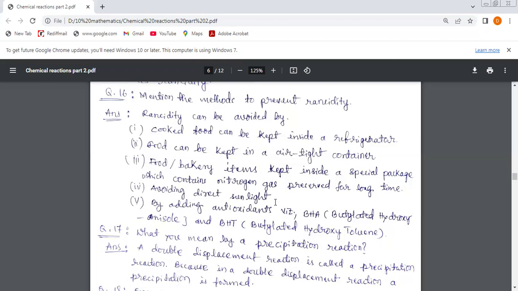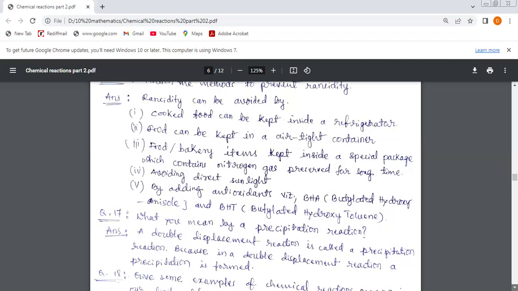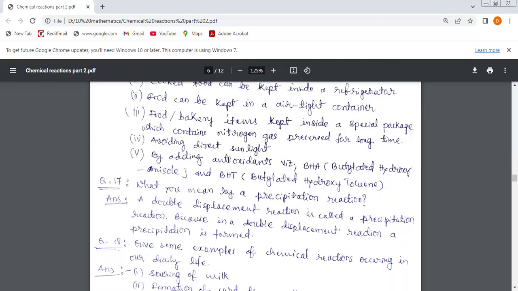Avoid direct sunlight. Whenever you keep the food directly in the exposure of sunlight, the rancidity is more. The things get converted into some other form. Another method is adding antioxidants, usually BHA, that is butylated hydroxyanisole, and BHT, butylated hydroxytoluene.